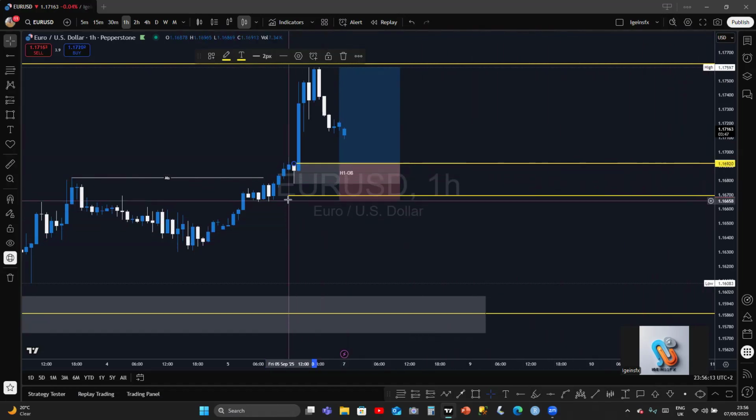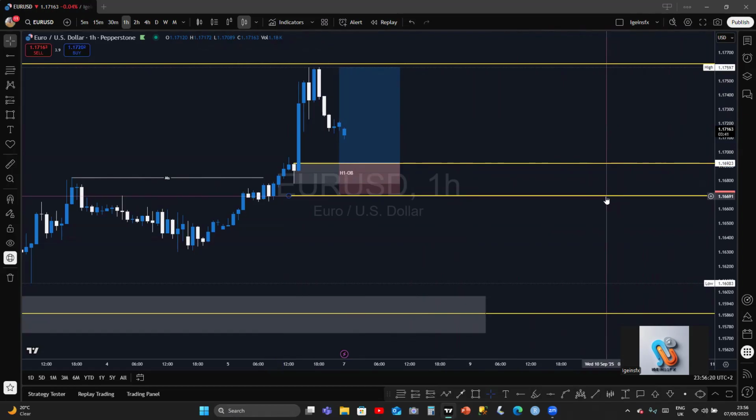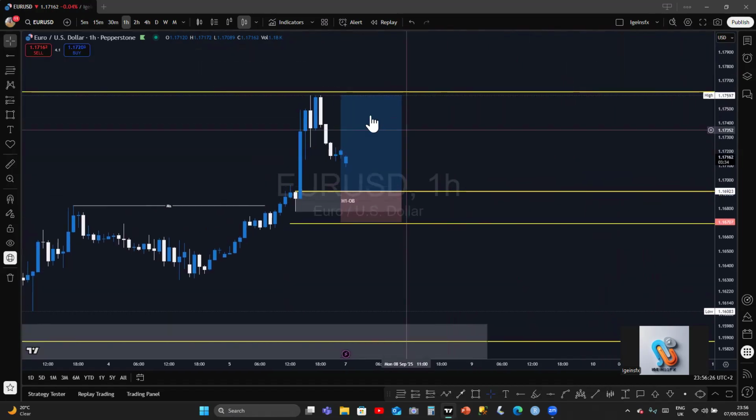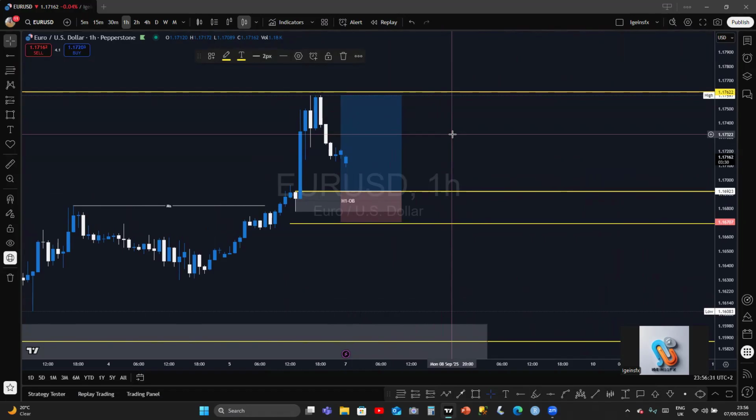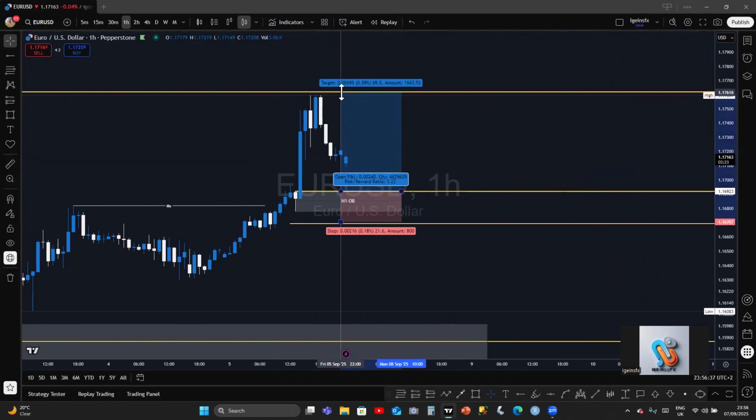Then our stop loss is going to be here, which is 1.16694. Then our take profit is going to be this one, 1.17622. That will be our take profit.